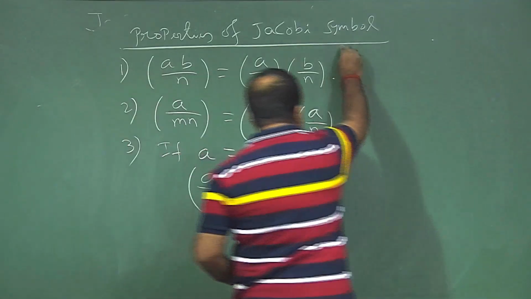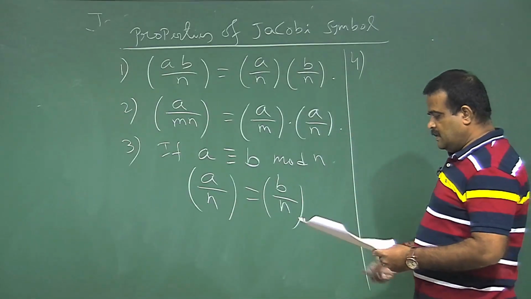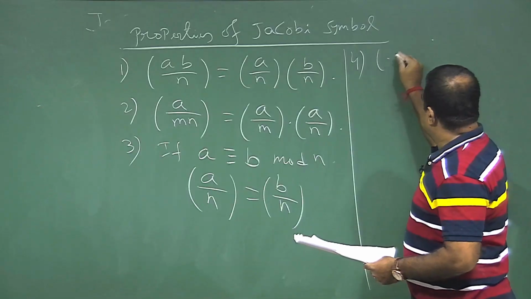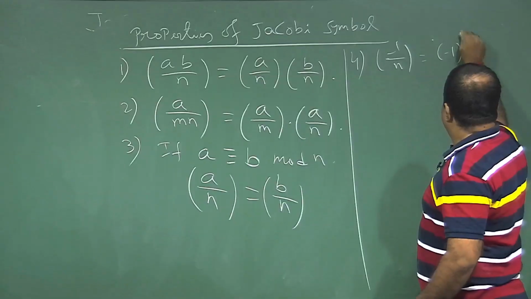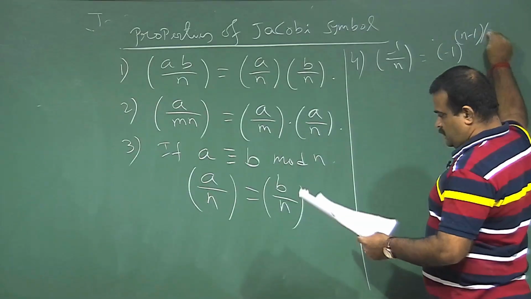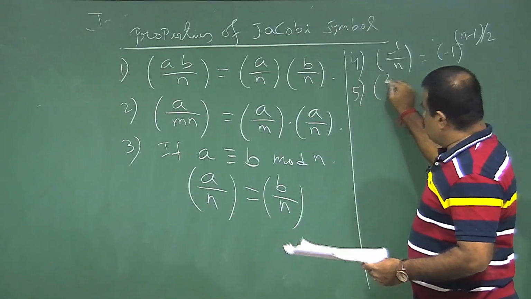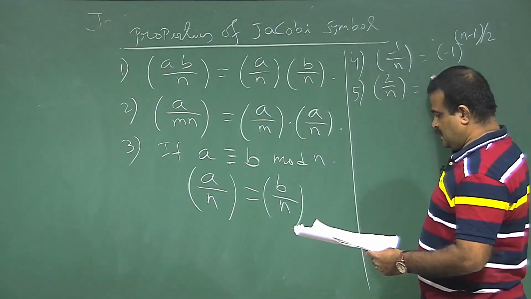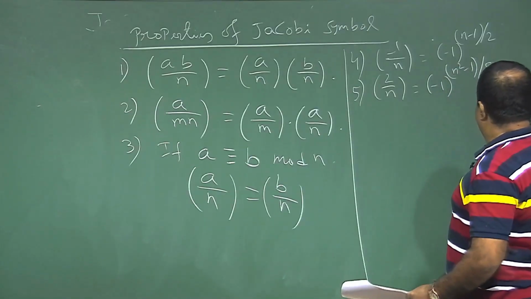Another result: (minus 1/n), which we have seen, is minus 1 to the power (n minus 1)/2. And (2/n) is equal to minus 1 to the power (n squared minus 1)/8.